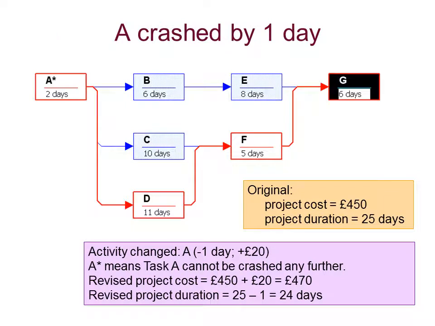Okay, so we crashed that, it can't be crashed anymore. So I put a little asterisk against that particular activity to show that it can't be crashed anymore, and we've reduced the duration of the project by 1 day in doing so, and increased the cost of the project by £20 by adding resource or doing something to speed up activity A.